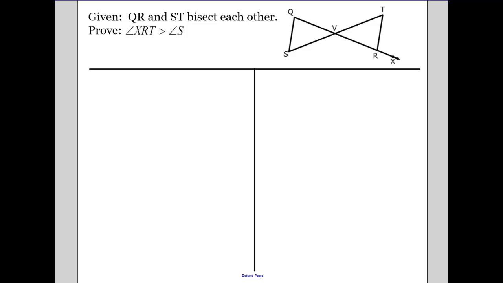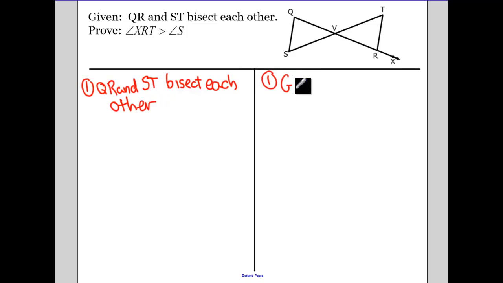Okay, so our proof. First, as always, we start out with our given. Okay, so next, let's look at what we're trying to do here.